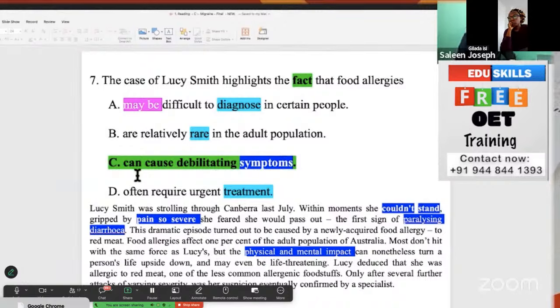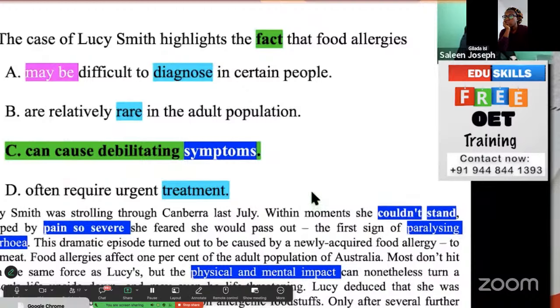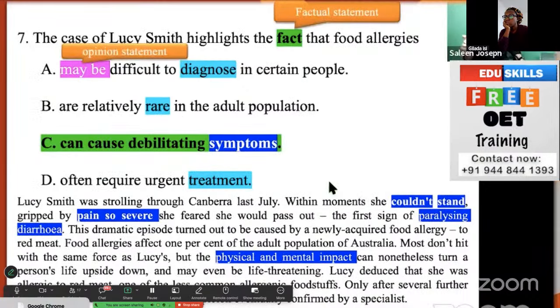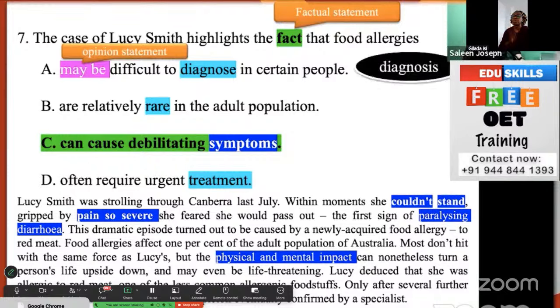Factual possibility often require urgent treatment. That's again speaking about them. The keywords here: couldn't stand, pain so severe, paralyzing diarrhea, physical and mental impact. All speak about symptoms. Now we will check out the answer options. The question stem asks about a factual statement, but option A is an opinion statement.